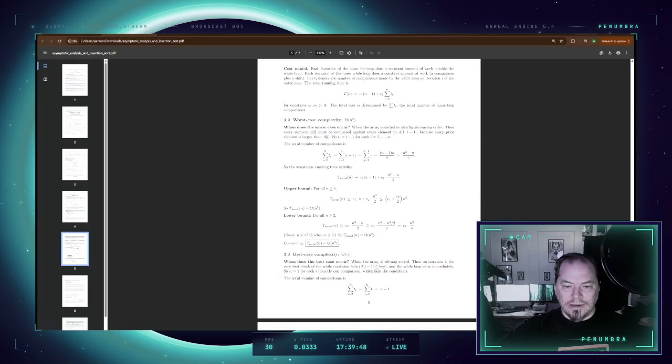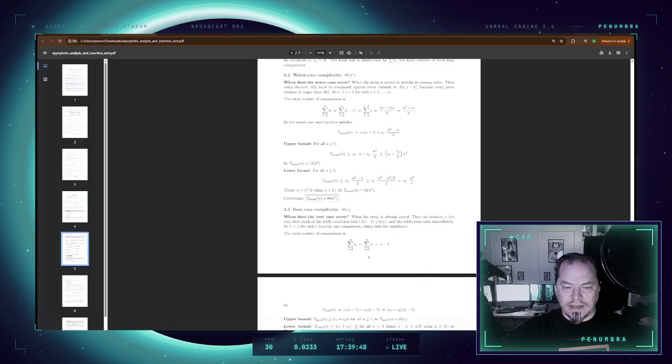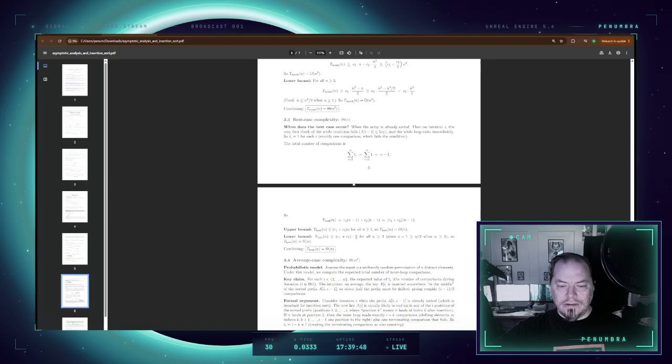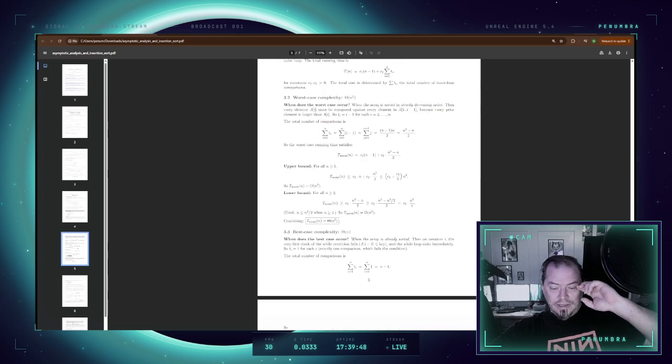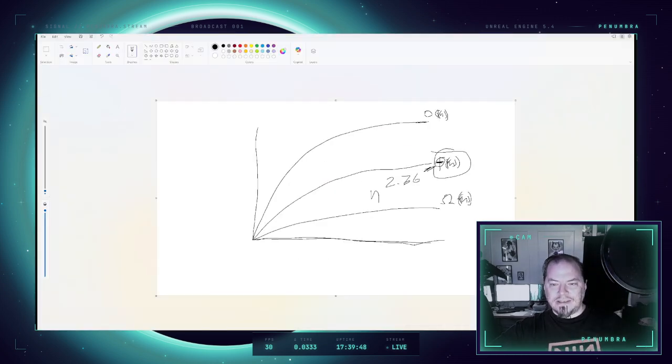What that ends up meaning is that we're always going to end up in polynomial time for the worst case, and then the best case is that it's constant time.